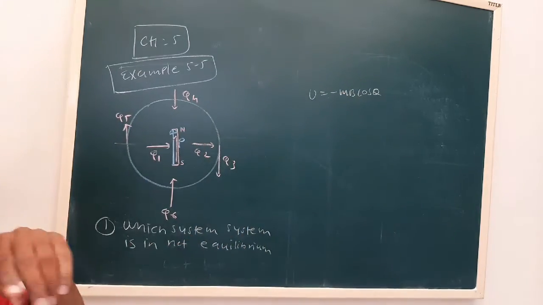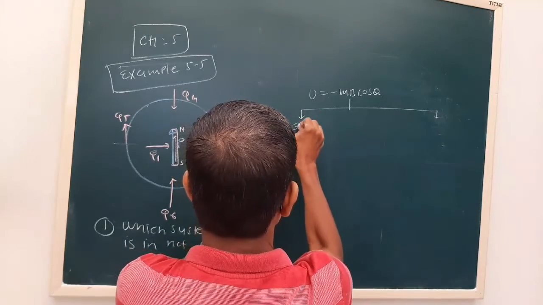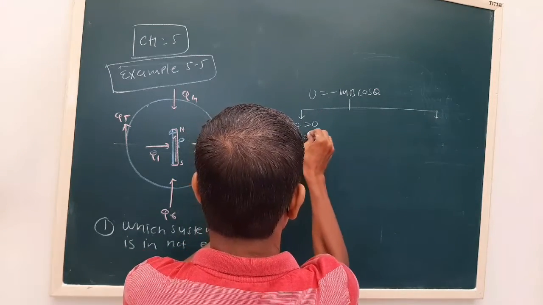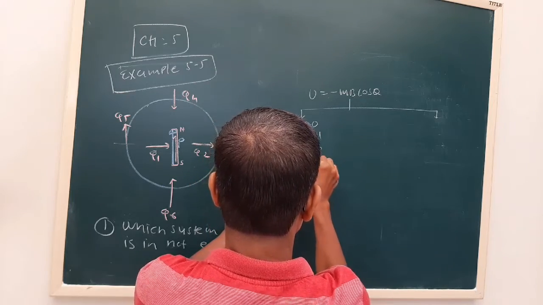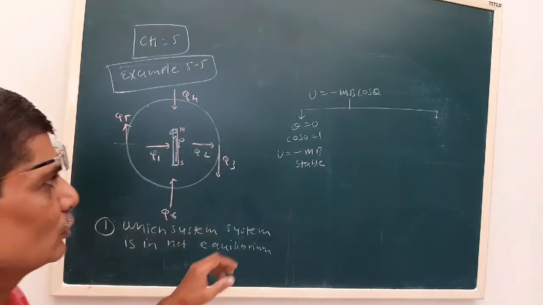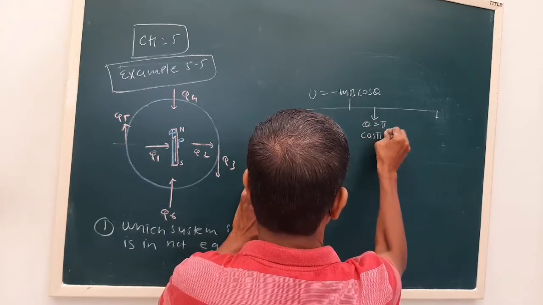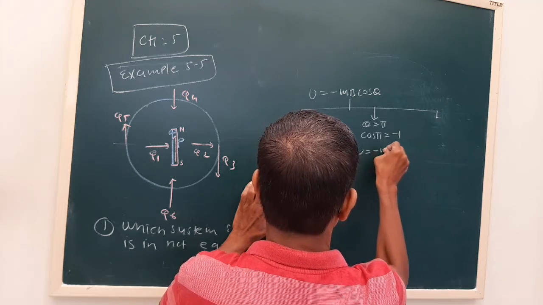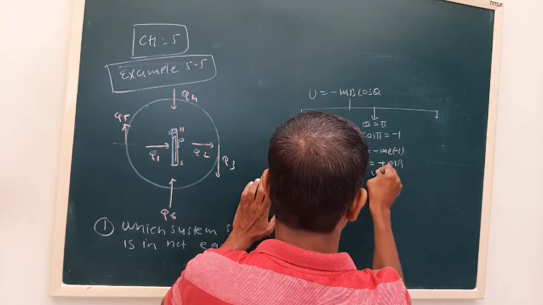Now see, theta is equal to 0, cos 0 is 1, U is minus mB, that is a stable configuration. Theta is equal to pi, this is unstable.